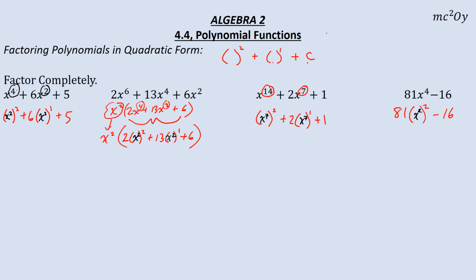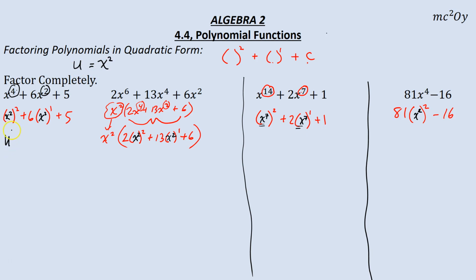So what I'm going to do is some substitution here. I am going to say x squared is equal to u. That's going to work for all of these except for this one, because notice this says x to the 7th. So this is going to be its separate beast in a second. But x squared is equal to u. So I'm just going to rewrite these problems with u rather than x squared. So I would now have u squared plus 6u plus 5.